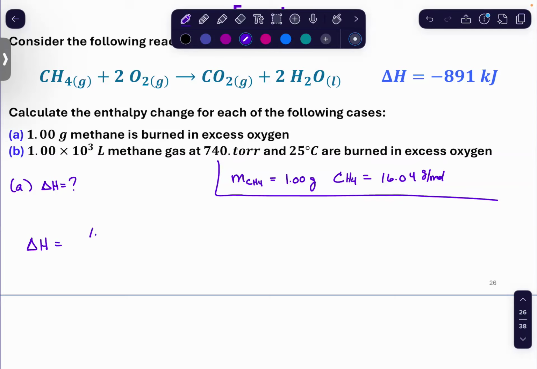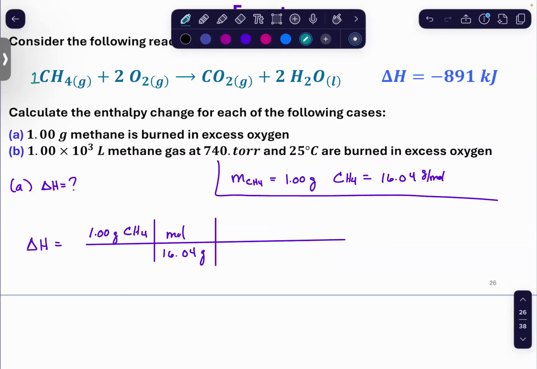Let's see, so we have 1 gram of methane, and then that is 16.04 grams per mole. You want to get this into moles because now you're using the coefficients from the equation. And of course, you know that technically in front of the methane, there's a 1.